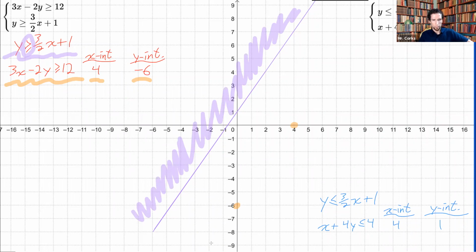And we'll graph that line, which will look exactly like this. And this one as well, are we shading above or below? Above. Okay, good. So we are shading above here.